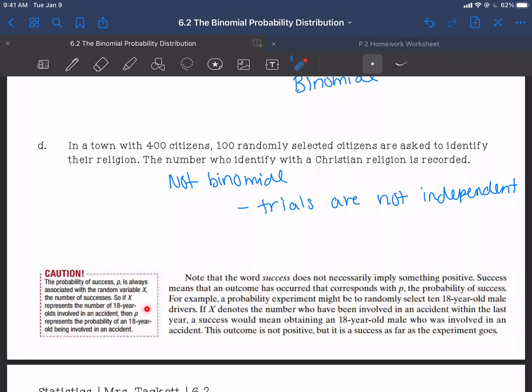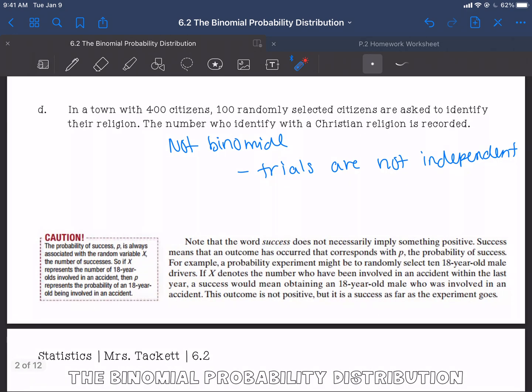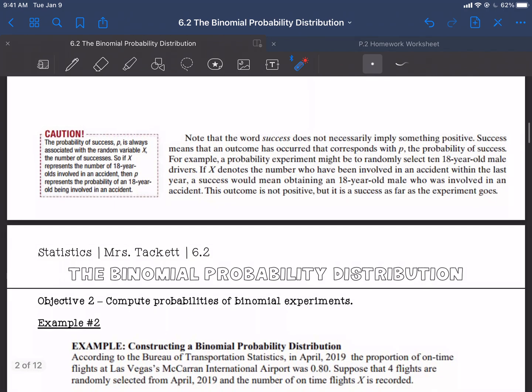Then the probability of success would be the 18-year-olds in an accident. Our failure, so to speak, would be those not in an accident. So don't think of success and failure as good or bad. I mean, it could be, but it does not have to be that way. So success is whatever we're interested in.